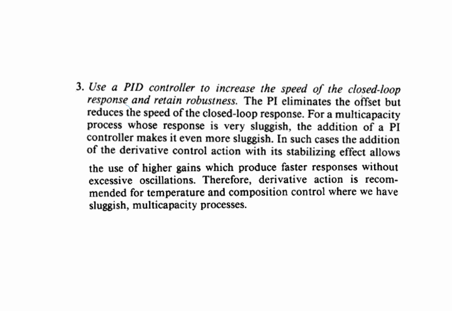Here the PID controller is applicable for temperature processes or multi-capacity processes. PID, as you all know, reduces the offset, and the overshoot that is introduced is stabilized by the derivative controller. It is a sluggish process, and the addition of the PI controller makes it more sluggish.